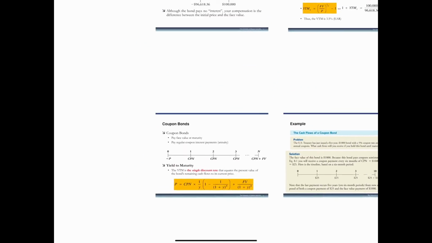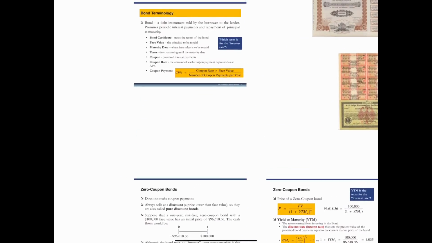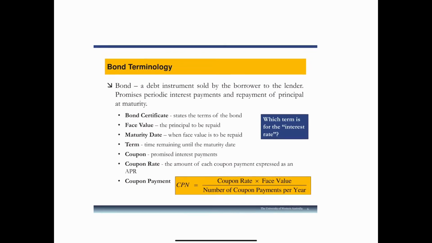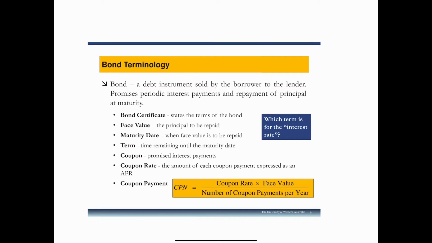So let's come back to this definition again. Although the coupon payment, the coupon rate, has the term interest in it, it isn't an interest payment per se. But because people receive that regularly as a bondholder, people call it an interest payment, like the bank giving you back interest. But this has nothing to do with the discount rate.